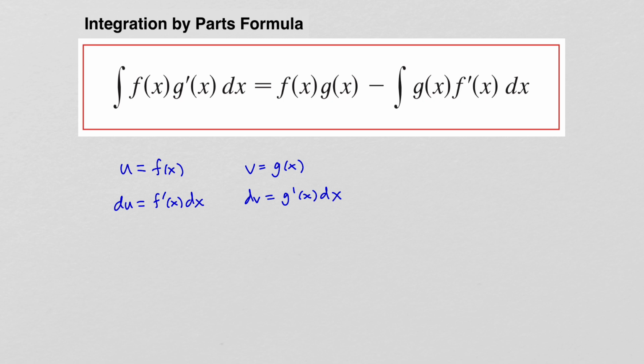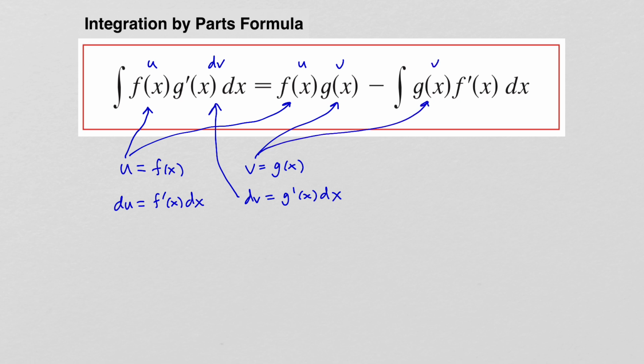And if you make a comparison to this formula here, I want you to see that f of x is u, g prime of x times dx is dv. Again, f of x here is u, g of x is v, and then g of x here is v, and f prime of x times dx is du.